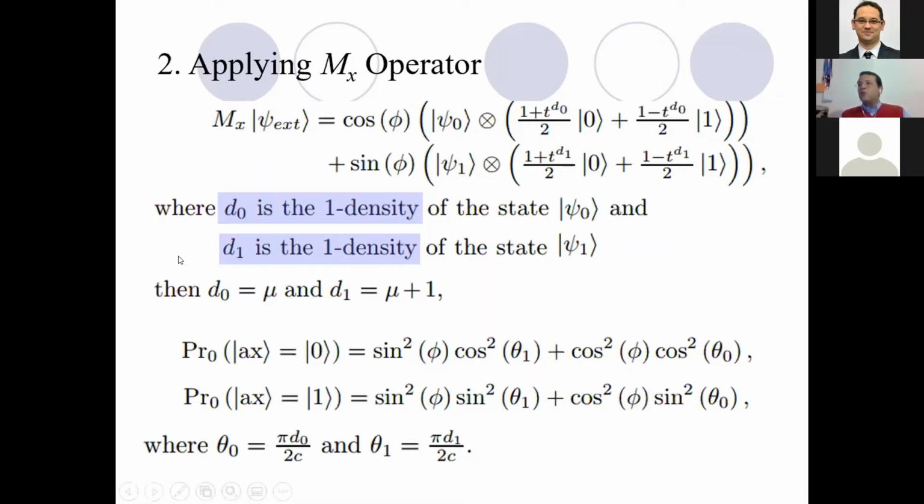Now, if you measure the auxiliary qubit, you will find the probabilities of the auxiliary qubit being 0 or 1 taking this form. Note that the probabilities of the unknown qubit now appear in the probabilities of AX.